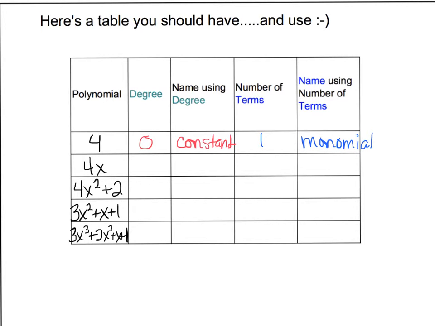Alright, so then for the next one we have 4x, and that is to the first power, so it is degree 1. And when you have anything where the highest degree is 1, we call that linear because it makes the line, and we've talked about linear functions already. In terms of the terms, we only have one term again, and so that is a monomial.